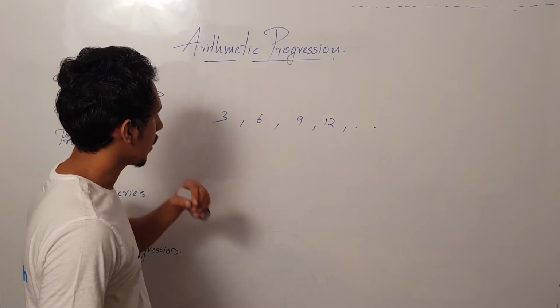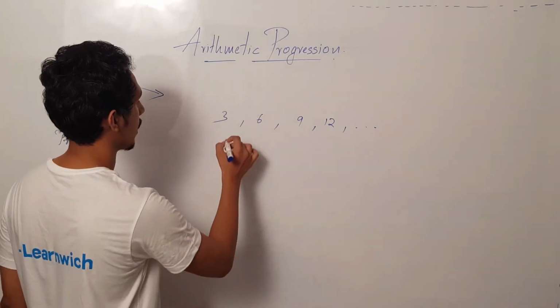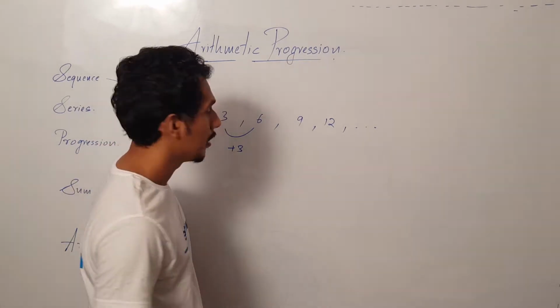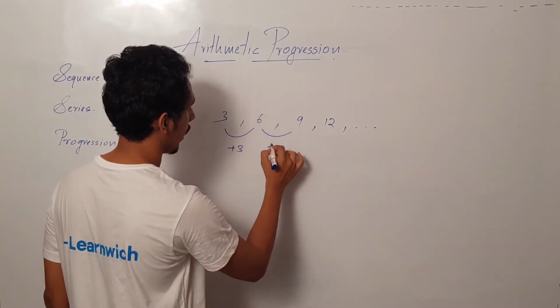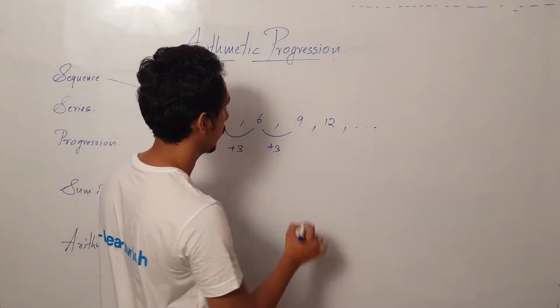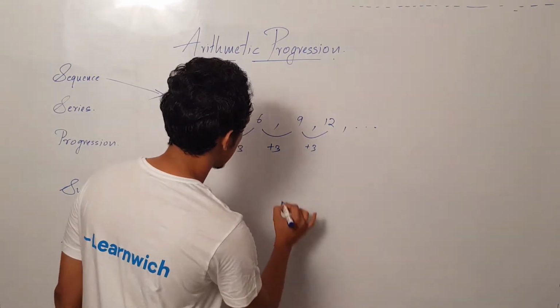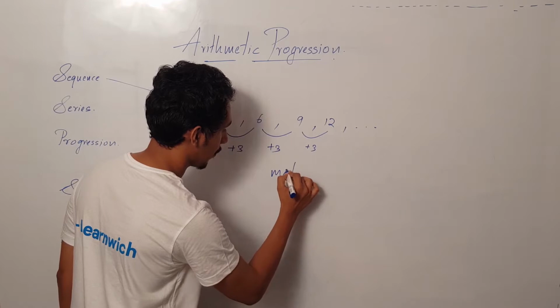Let's see, what is the relationship between the first and the second number? You see that there is a difference of 3, and then if you add again, there's another 3, and here another 3.